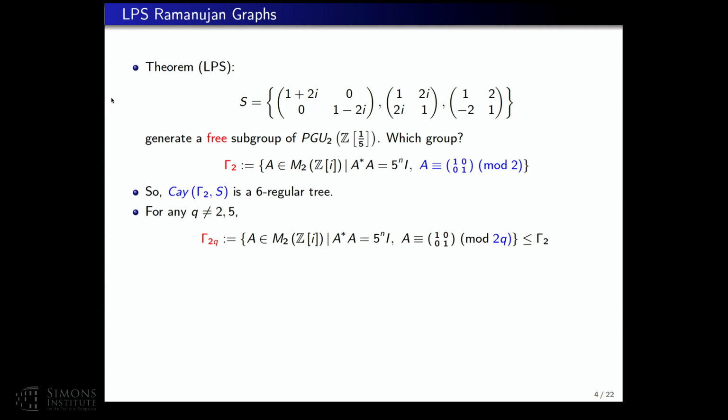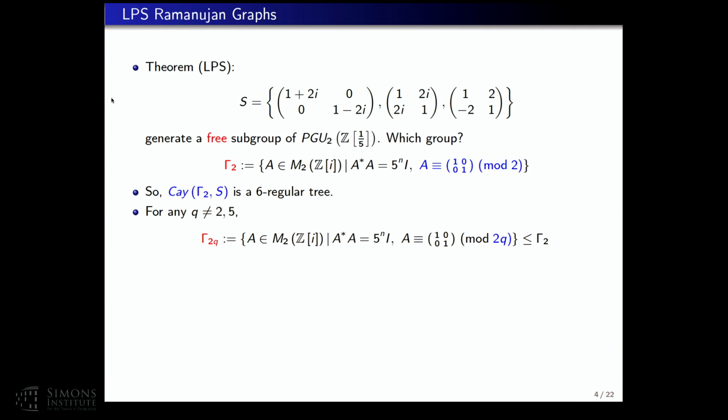And what they do now is take, I call this gamma 2, and gamma 2q is the same thing. I put here 2q, where q is any prime. And I get a subgroup of gamma 2, because if you're congruent to identity mod 2q, you're also congruent mod 2. So this is a subgroup of this group, and we're looking at the tree, which is the Cayley graph of this group.